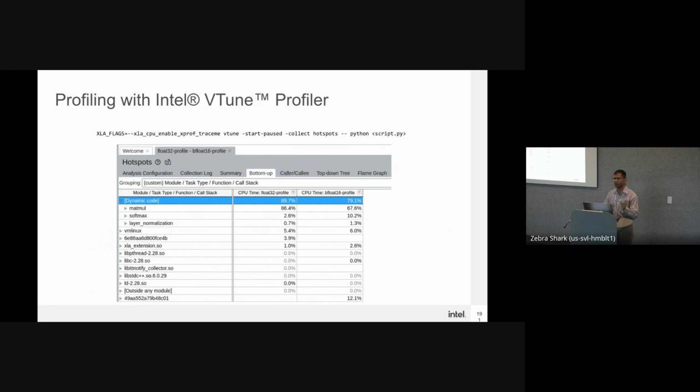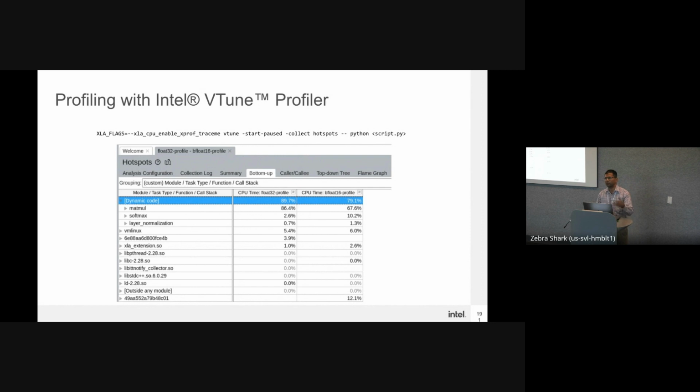For example, the dynamic code is coming from the oneDNN library, and under the dynamic code we can see three tasks: one is MatMul, another is softmax, and another is layer normalization. And vmlinux is for the system. You can also see some addresses, and these addresses are the LLVM generated JITed code. I think we need to fix this to give some meaningful names, because the address doesn't tell that much.